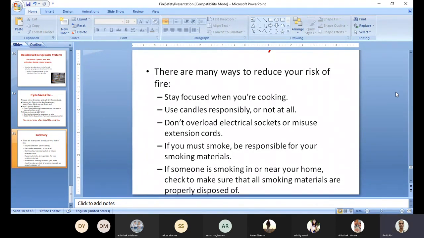Smoking: if anyone is addicted to smoking, precautions should be taken. Not indoors, always outdoors, away from inflammable items like clothing. Also do not ignore smoldering of a disposed cigarette; improper disposal should be avoided.